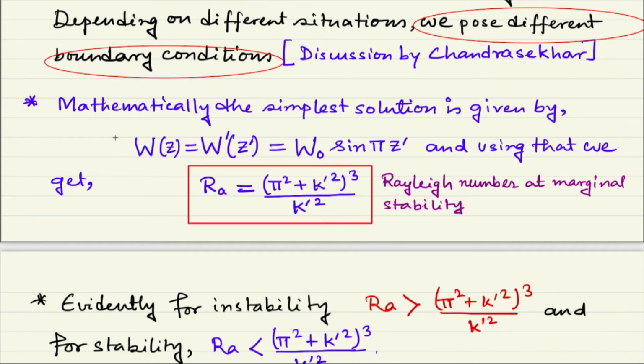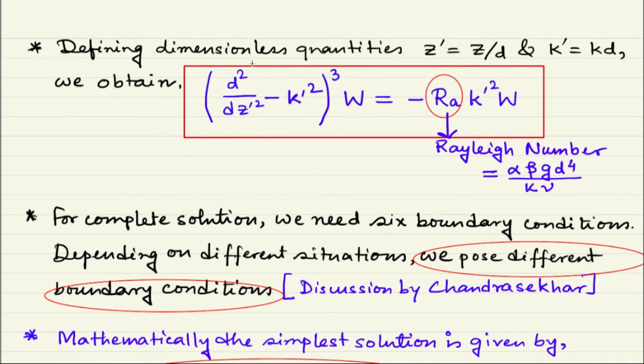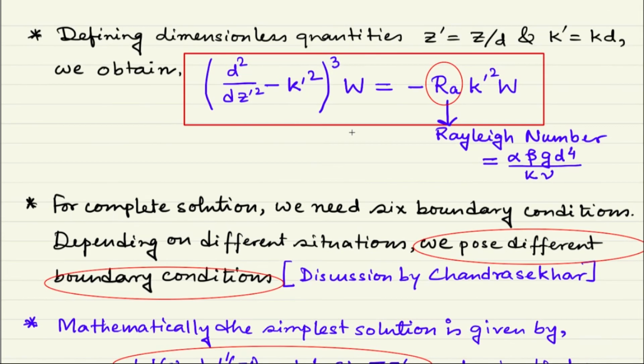So this is a very simple solution which satisfies this equation, and actually you can check that. Just for your information, this solution does not correspond physically to most cases, either in household cases or in the astrophysical context.